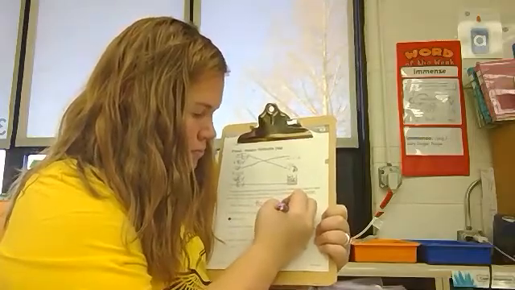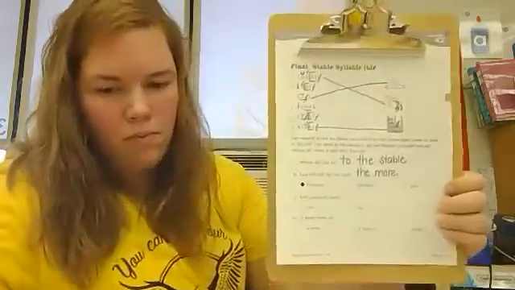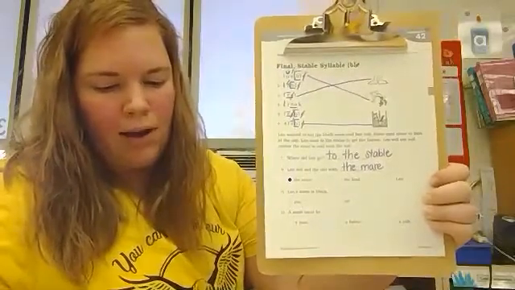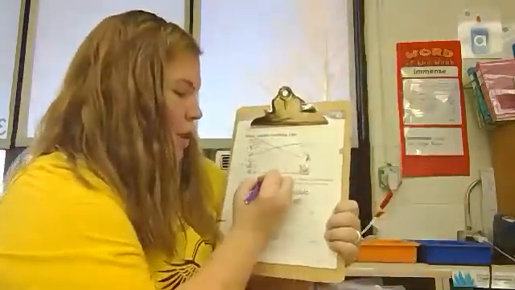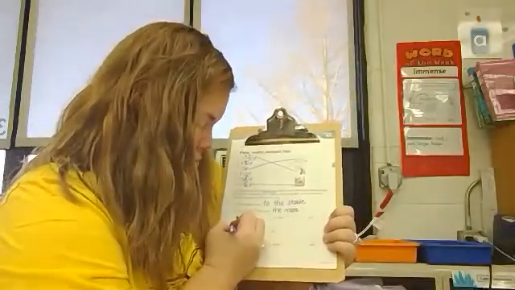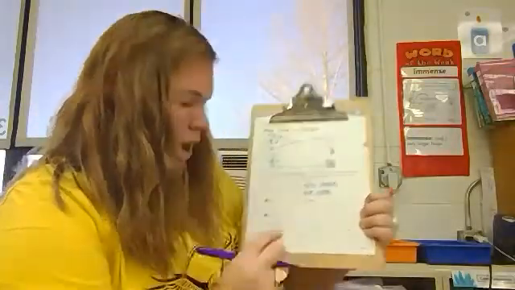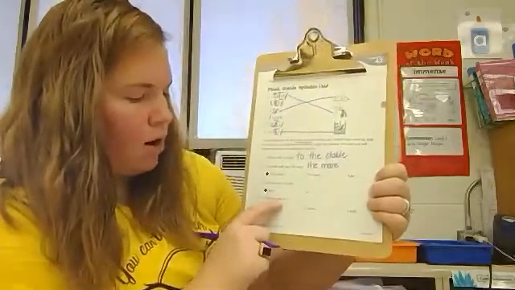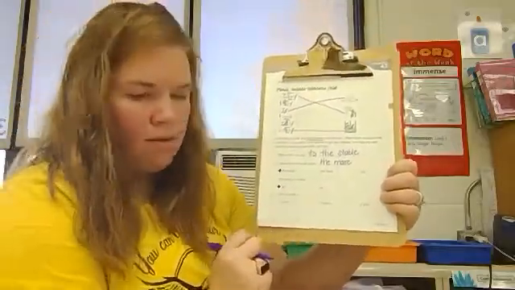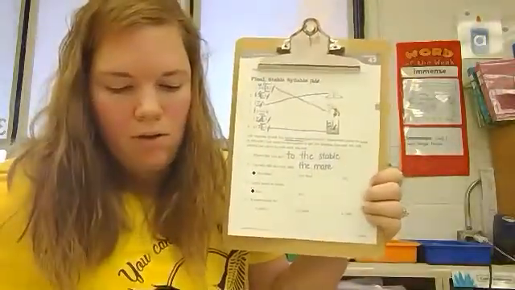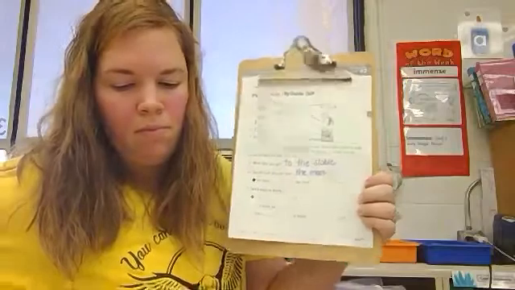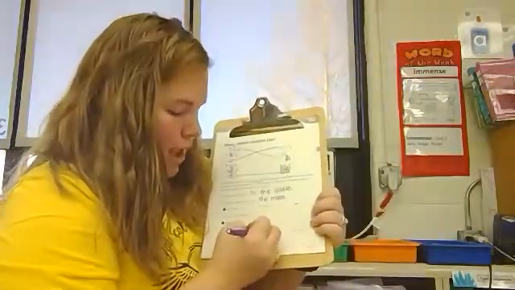The mare. Number 9. Lynn's mare is black. Yes or no? Yes, it says he will sell his black mare. And number 10, a mare must be a, what is a mare? A man, a horse, or a colt? A mare is a horse.